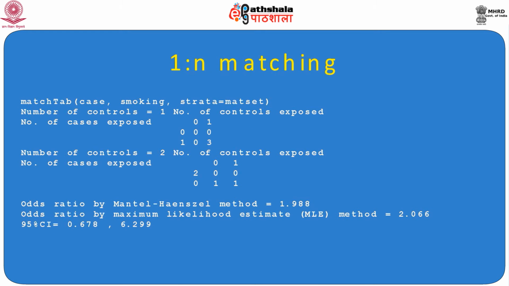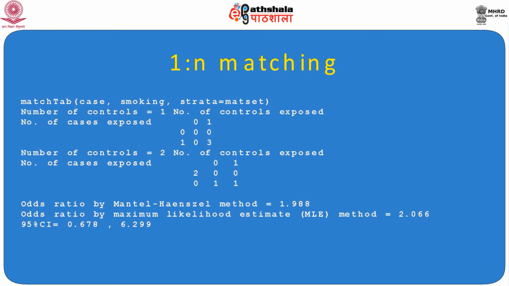Now we will go for 1:n matching. Like the earlier one, we put the match tab function with case smoking and strata equal to matchset, so now the number of cases exposed, with number of controls equal to 1, is considered.